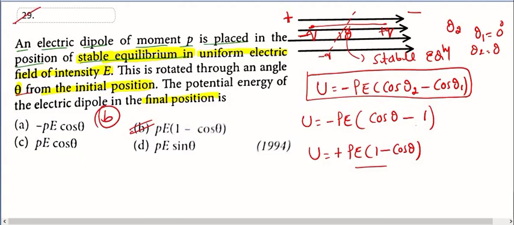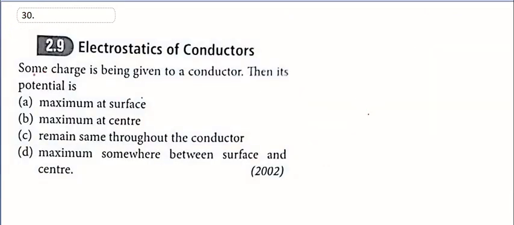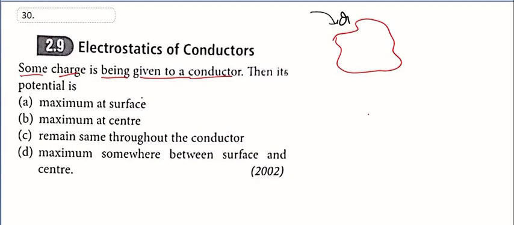So question number 30. Some charge is being given to the conductor. So this is a conductor. When some charge is given to the conductor, the electric field inside the conductor is equal to how much? 0. Electric field being 0, E is equal to minus dV by dr, so dV is constant here.